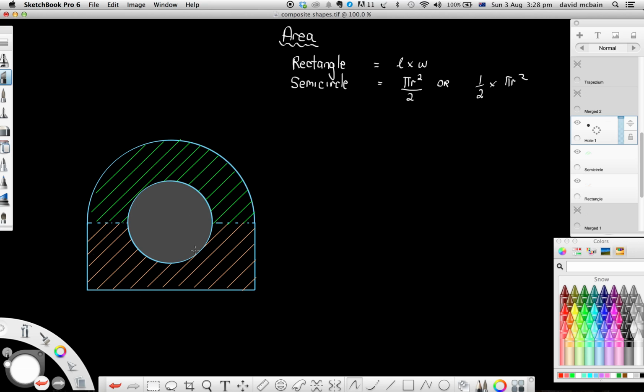The third shape we had to consider was this hole in the middle, which was a full circle. So we've also got a complete circle, and I'll just write circle for that. And that's pi r squared. So what I'm now going to do, I'm going to label each of these shapes. I'm going to give them a letter.